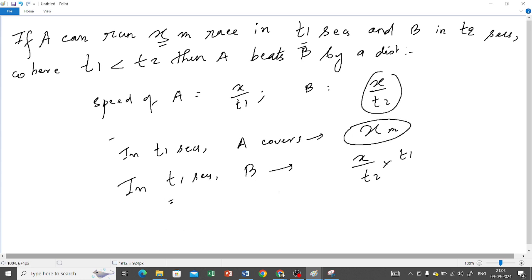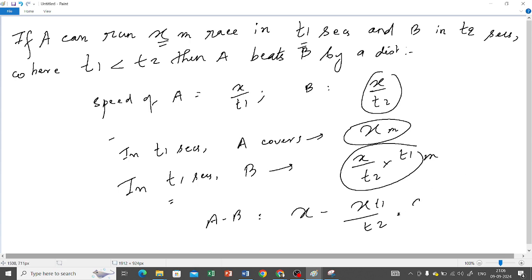In t1 seconds, B covers this many meters. So how much is A ahead of B? Okay, x into (t2 minus t1) by t2.